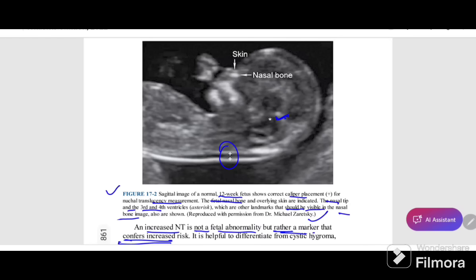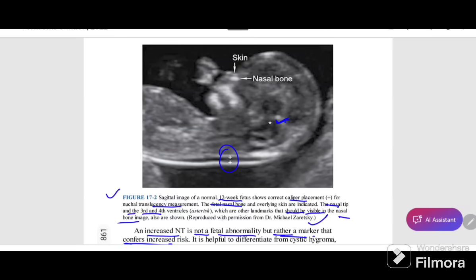NB stands for nasal bone, which is also an important marker for aneuploidy screening, which we shall be learning subsequently. You can see that they are showing you the correct placement of the calipers. Also the nasal bone should be visible, and this asterisk points towards the third and the fourth ventricle.